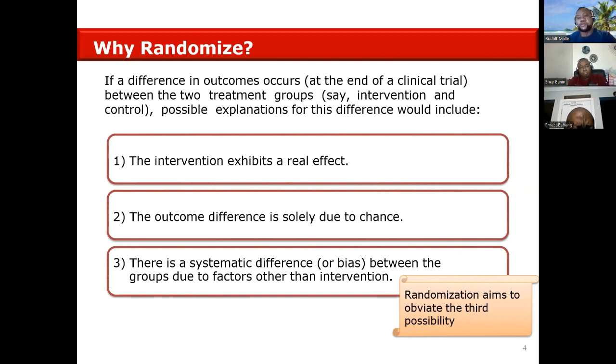Now, why do we conduct randomization? If a difference in outcome occurs at the end of the study, say you're looking at an intervention group and a control group, you're not able to know whether the control group had more severe outcomes, or whether we actually met the objectives of the study.